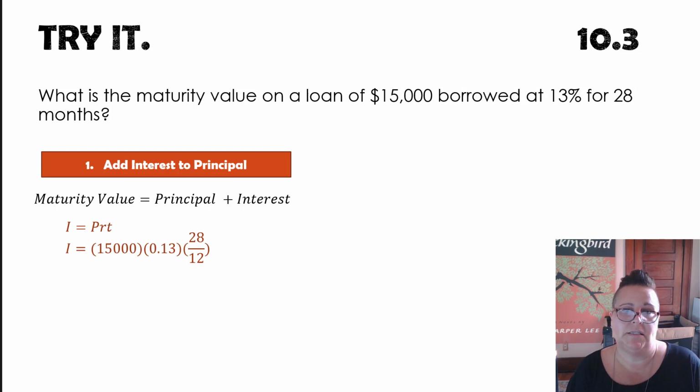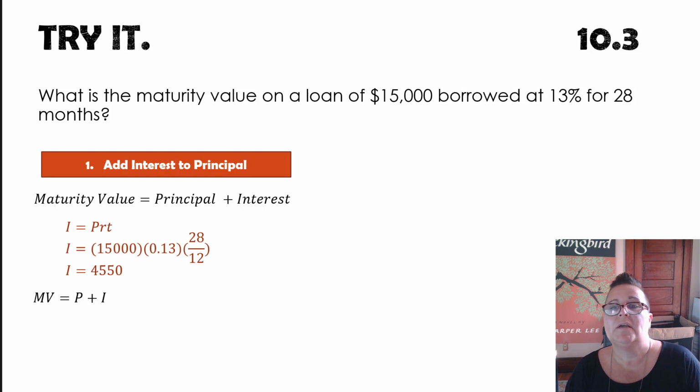And since it's months, it's going to be 28 out of 12 months in a year. Multiplying this through, I get $4,550. So since the maturity value is the principal plus the interest, I now have to take the $15,000 and add that $4,550 to get $19,550.